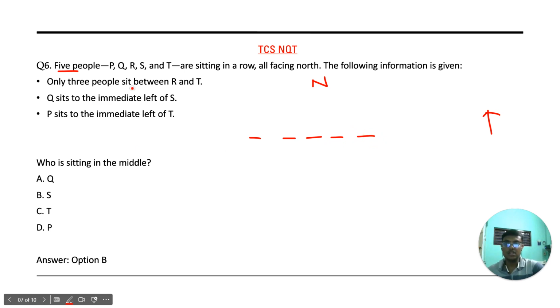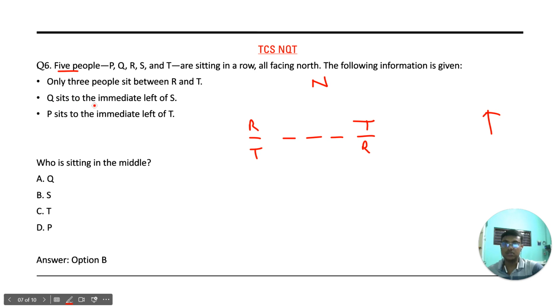Okay. Only 3 people sit between R and T. So R and T, there are 3 people. So this can be one arrangement and the other arrangement can be T and R. Because here it has not been told whether R is on the left or T is on the left. So we have to take two of the options here.